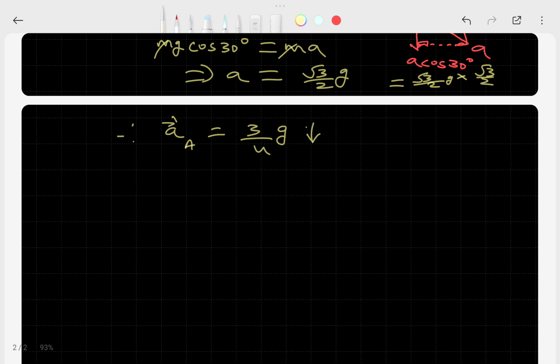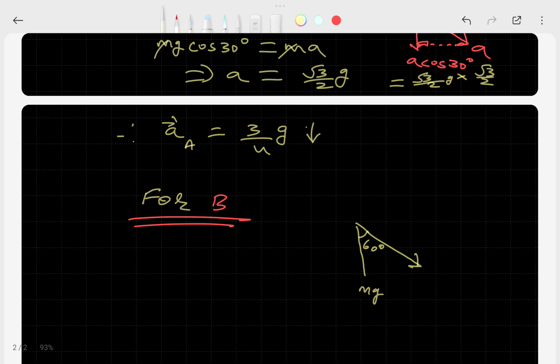Because we know the block is moving downward, its vertical component is again downward only, because it is moving along the plane, so the component cannot be upward. Now the same way, if we do it for block B, the inclined plane was making 30 degree, so this will be 60 degree, and this is your mg.